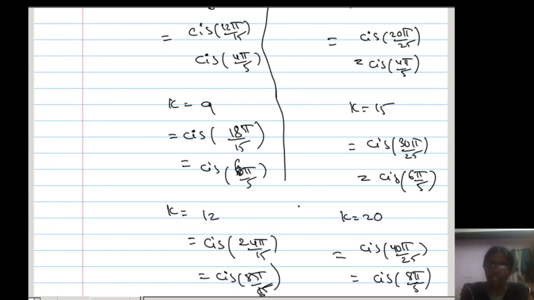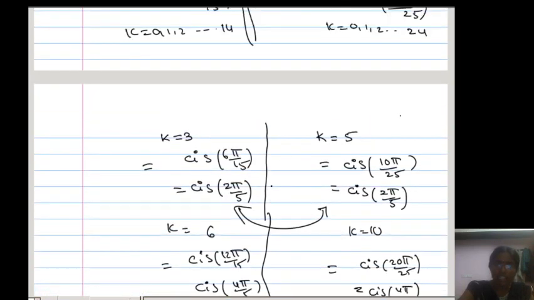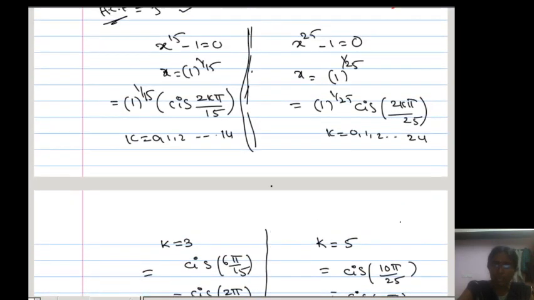So in the case of k is equal to 3, 6, 9, 12, it should be the same as if you take multiples of 5 here. Whenever k is a multiple of 3 or a multiple of 5, both are equivalent, because the highest common factor is 5.